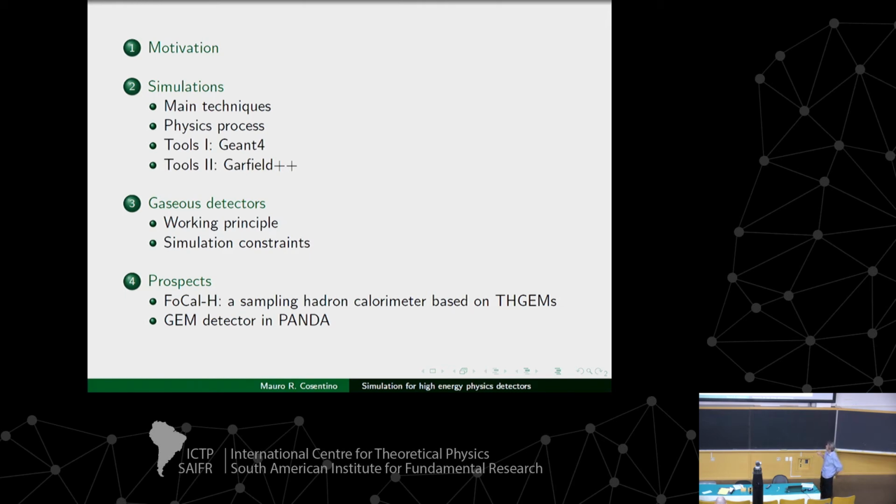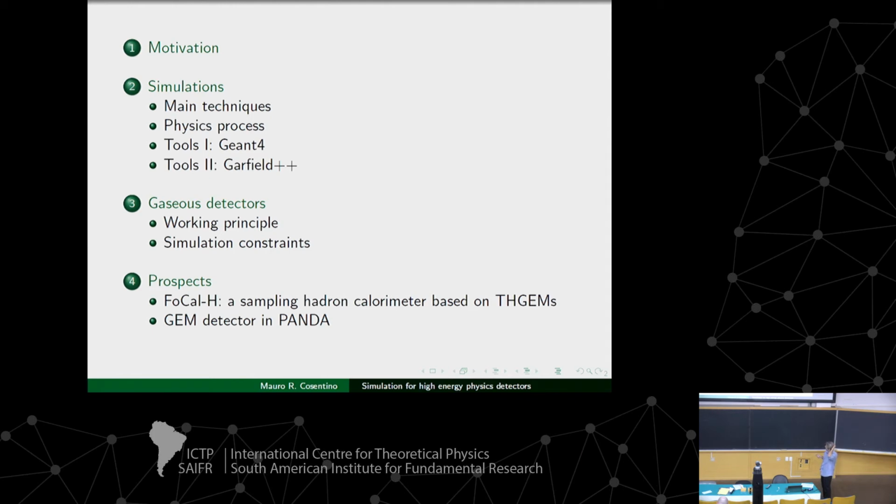This is needed so that we can understand how the working principle of the detectors and the way the simulations are done, what are the constraints that you need to fulfill in order to have a meaningful simulation. And then I finish with some prospects.